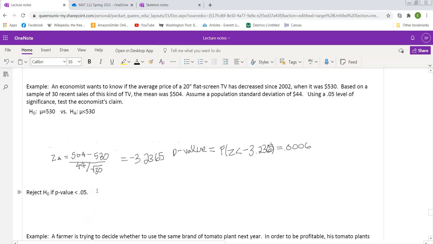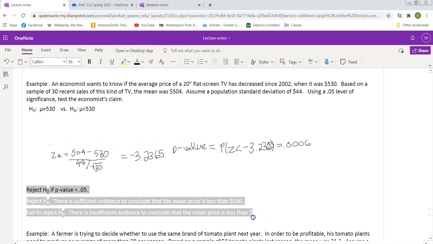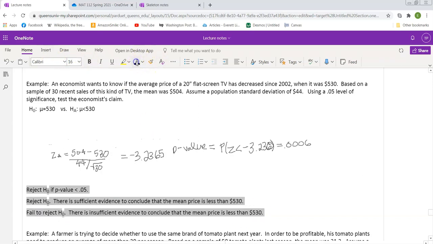This will also help you remember it. So reject H0 if p-value is less than 0.05. In this case, the p-value is less than 0.05. Therefore, of our two possible conclusions, and I have these hidden down here, our p-value is less than 0.05. That tells us we're going to reject H0.